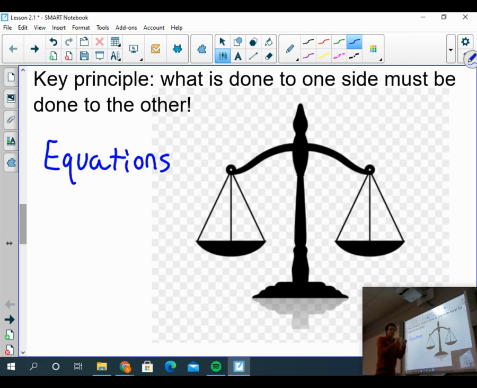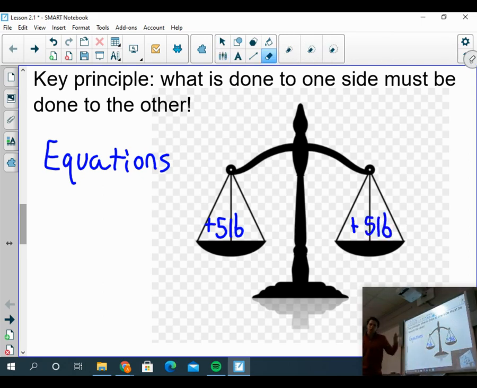And to keep things equal, again, you can imagine the balance here. You've probably worked with one in science before. We have to do the same thing to both sides, right? If this scale is balanced and I add 5 pounds to it, well, the scale is going to tip in one direction. So to balance it out, I would also have to add 5 pounds to the other side.